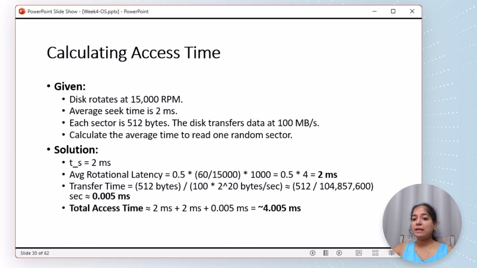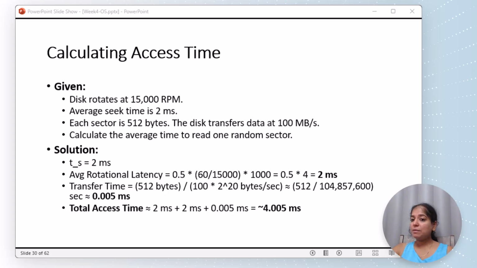Let's calculate the access time. For example, a disk rotates at the speed of 15,000 RPM, that is revolutions per minute. The seek time is 2 milliseconds, with a 512 byte sector and 100 MB per second transfer speed. We need to calculate the average rotational latency, which is 0.5 times 60 over 15,000 times 1000, so approximately 2 milliseconds.